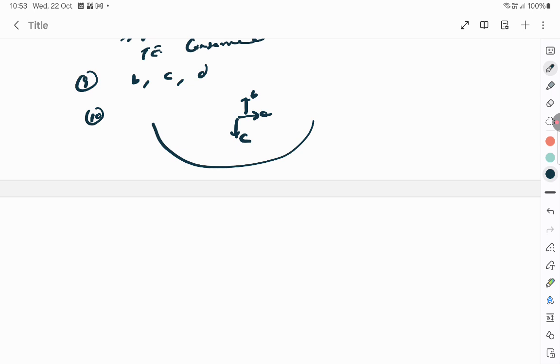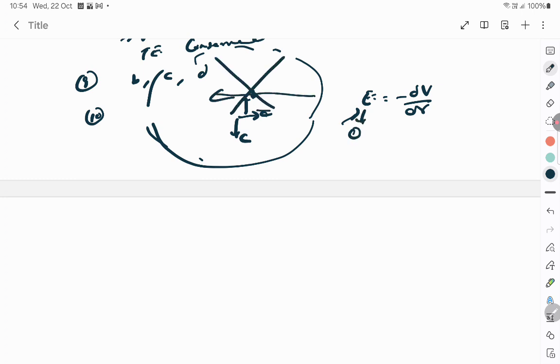So complete the hemisphere to a sphere. Imagine it to be a sphere. In that case, the gravitational potential V is a constant. E is equal to minus dV by dr, and you know that E is 0, the net field will be 0 due to the sphere.